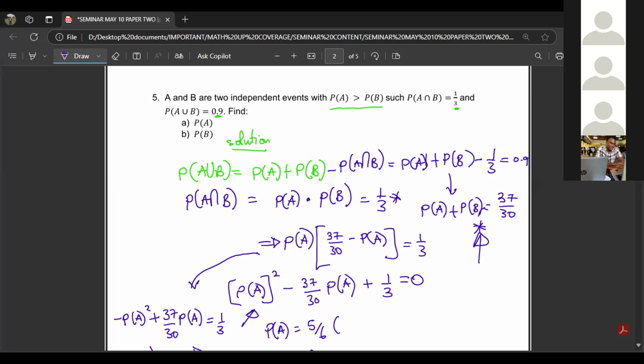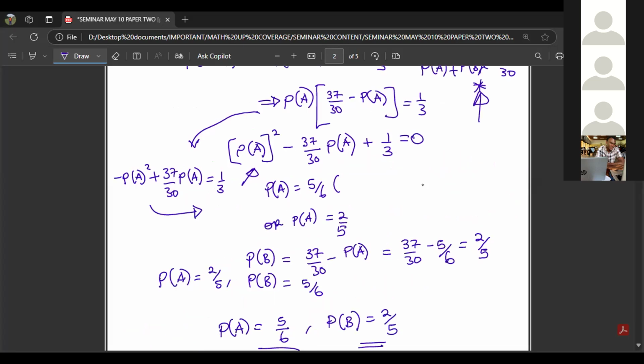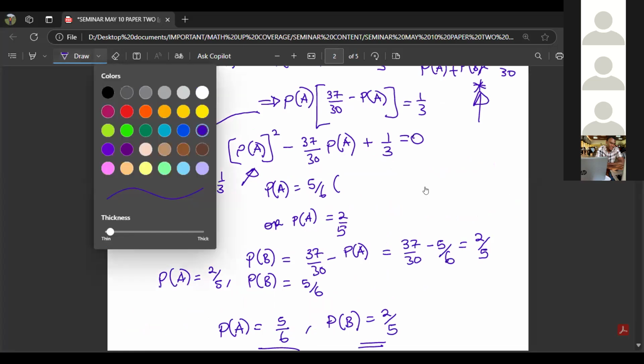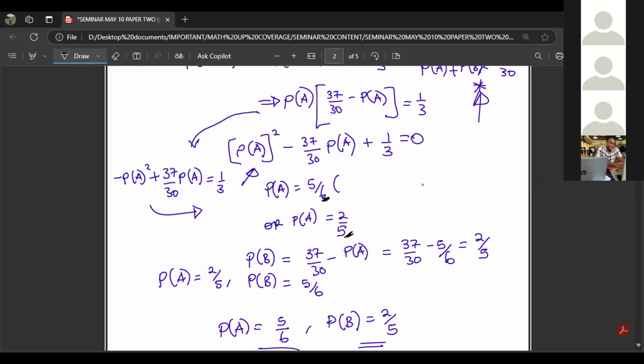Then we get the values for the probability of A and the probability of B. But from our equation, it's a quadratic, so we expect two values of probability of A. That's why we have 5 over 6 and 2 over 5. But then you check with both and see what values of probability of B you get.